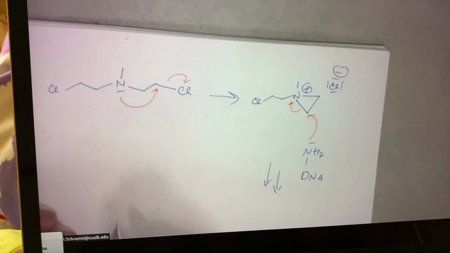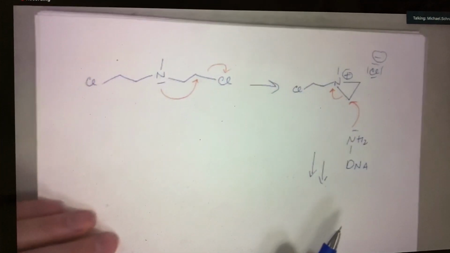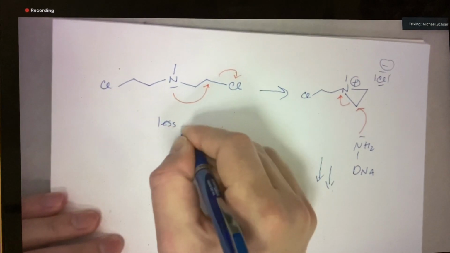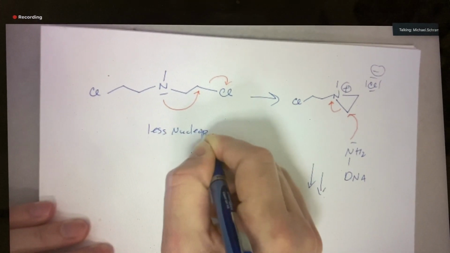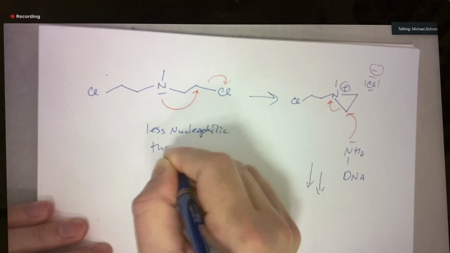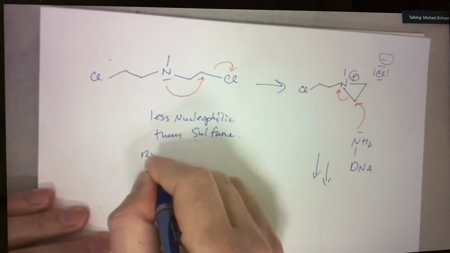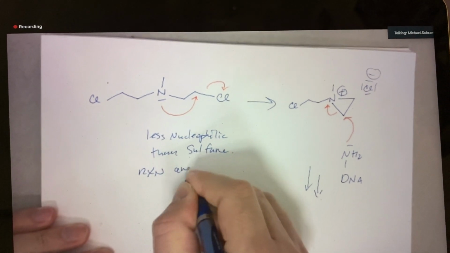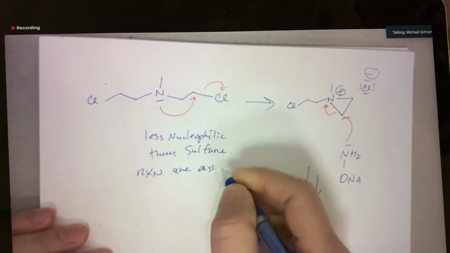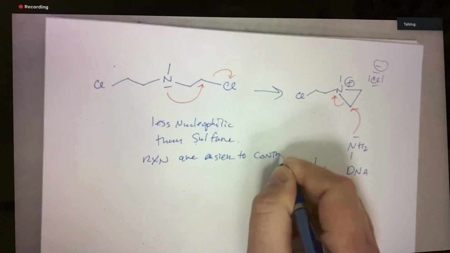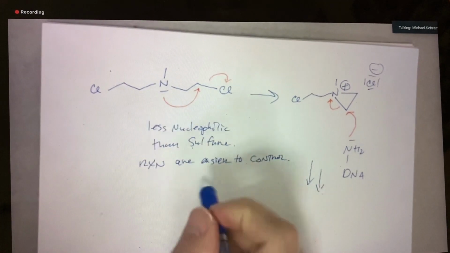But something is different about this nitrogen group that people discovered as they continued to work on this, is that this is less nucleophilic than sulfur. The reactions or reactivities are easier to control and manipulate. So it has lower reactivity.